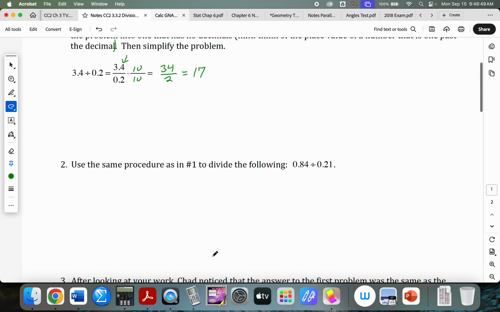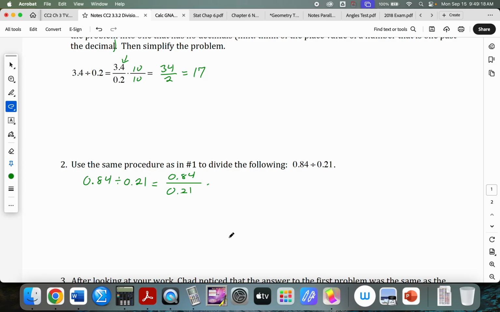All right, let's use the same procedure here. So 0.84 divided by 0.21 is the same thing as 0.84 over 0.21. In this case, what do you think we should multiply the numerator and the denominator by?